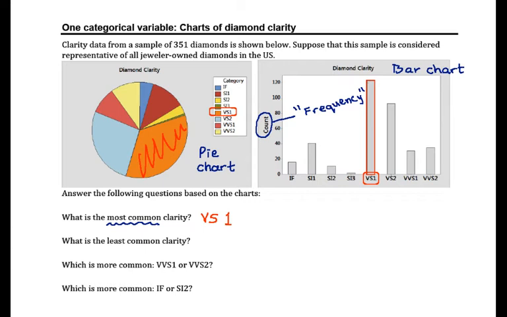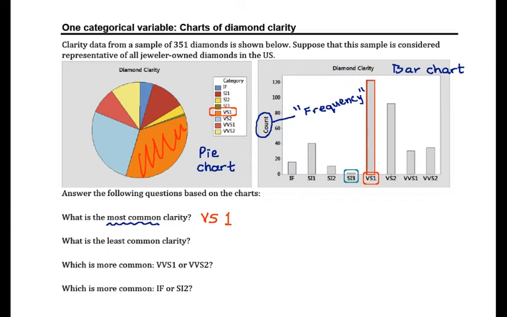All right, so for the least common clarity, we now have the shortest bar, at least the least common clarity that does show up in our sample. I think I noticed at some point we don't have any pure flawless diamonds in this sample. I don't see any FL, but we're going to ignore that for now and say the least common of those that are represented at all.